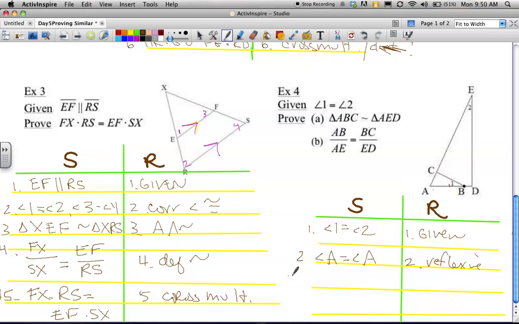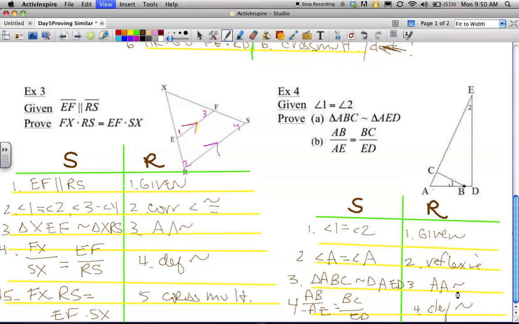So by AA, triangle ABC is similar to triangle AED. And that's angle-angle similarity. Once we have that, we're good to go with AB over AE, which is one corresponding set of sides, equal to BC over ED. And that's definition of similarity.